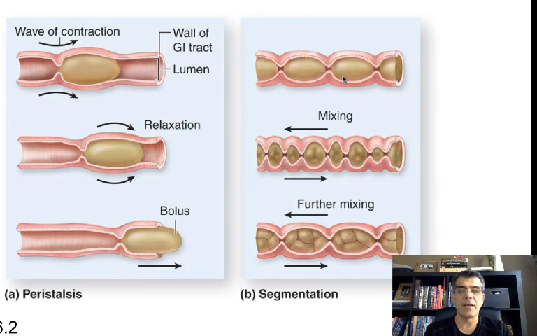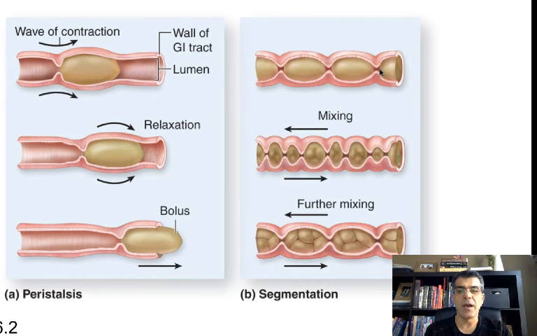In the case of segmentation, you're going to contract in different part of your GI tract. As a result, your bolus turn in a bunch of pieces. And then if you now relax this one and squeeze this part, then you're mixing this segment with this segment and this segment with this segment.